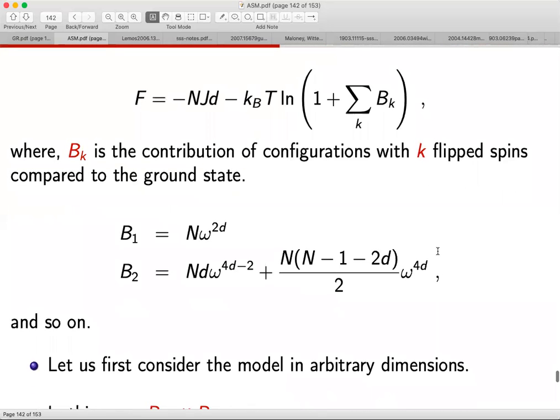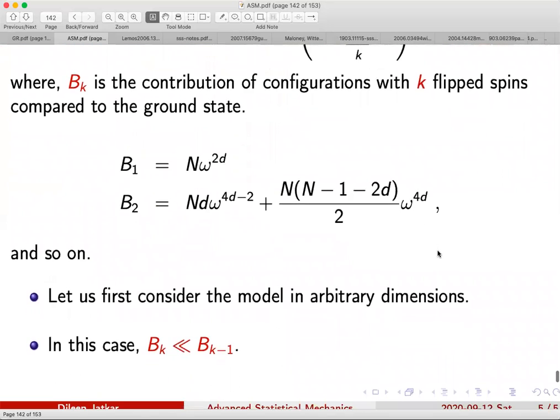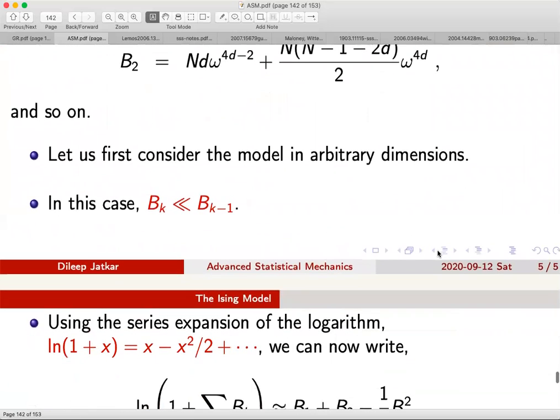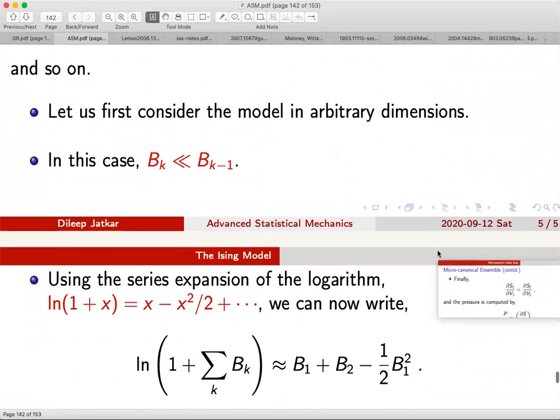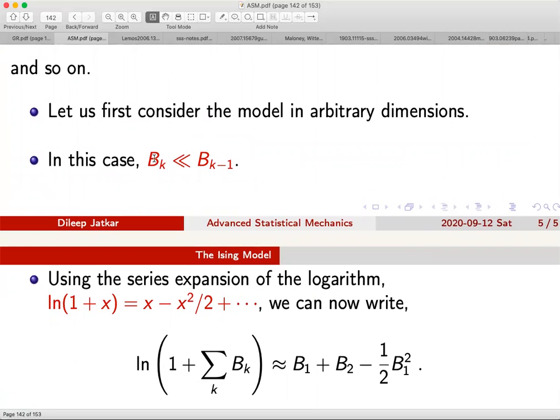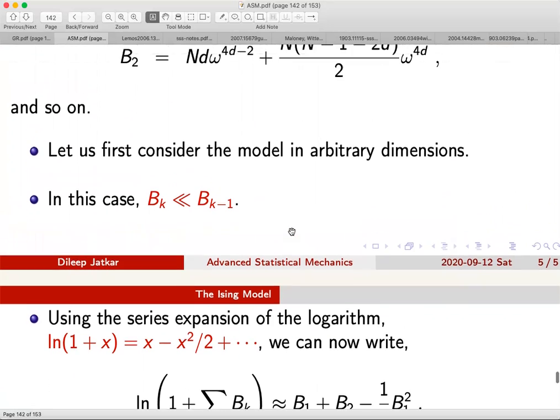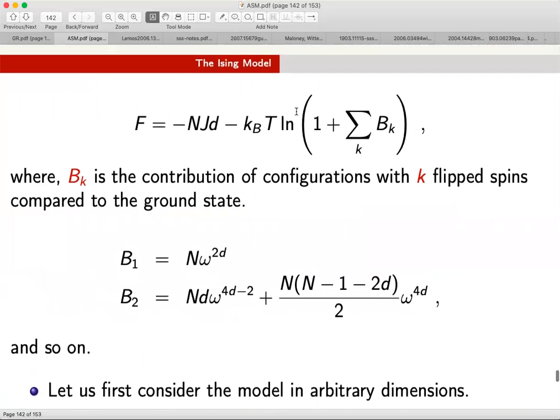But to do it analytically, I think a few spins are good enough to just get a picture as to what is happening. So what we are going to do is utilize this fact and say that log of 1 plus x is equal to x minus x squared by 2 plus x cubed by 3 and so on, and use that kind of expansion to simplify this expression and see what happens.